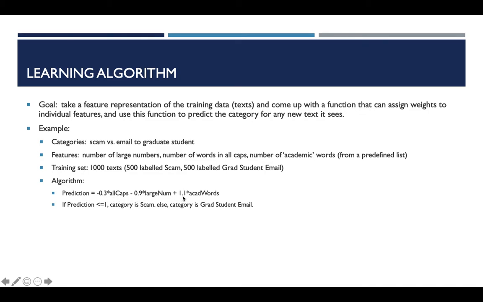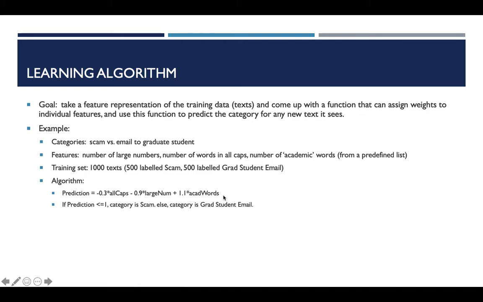Whereas academic words from our academic word list here in our features, this would be a positive, so indicative of a real email to a graduate student, and maybe we say it's 1.1, so it's very strongly, compared to these two, a very strong indicator of a real email. So that's why we've got the positive and negative numbers. That's why some numbers in the formula in the function are larger than others.